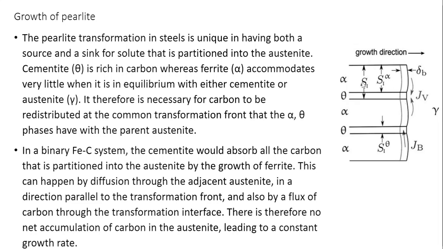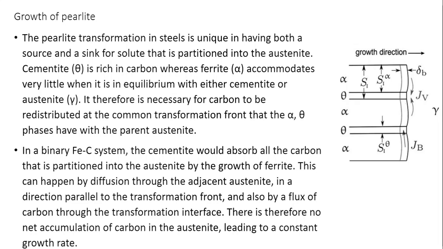Ferrite can grow only if carbon is removed, so that the composition of ferrite becomes equal to its equilibrium value of 0.02% by weight. So all that carbon is removed into the austenite, and the carbon concentration builds up in front of the growing ferrite particle.